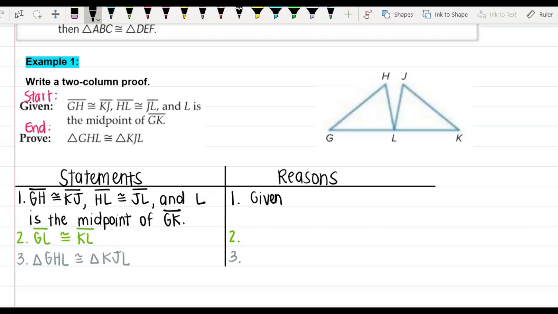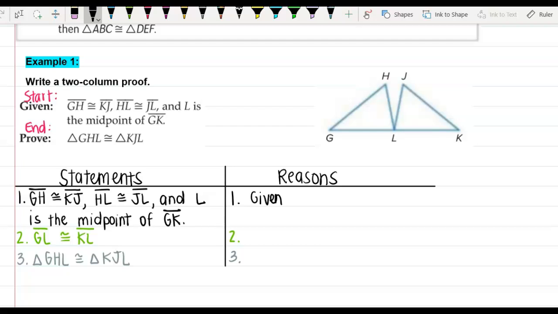So the first thing I want you to do is always write the given first, and then I want you to actually label it. Remember, if we have segments congruent, we label them with those little tick marks. If we have angles, we do the little arcs. So let's make sure we have our given written down, and then we're going to label it.